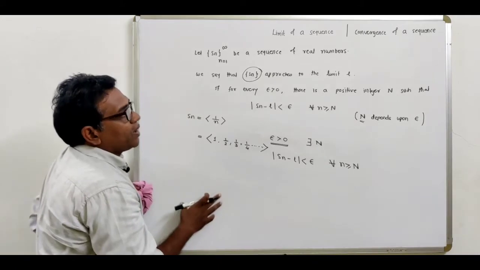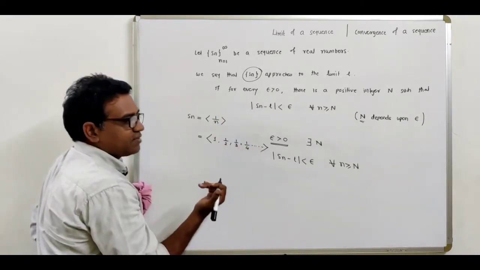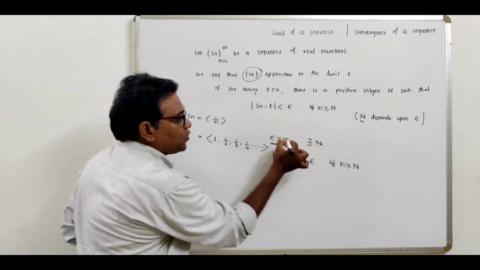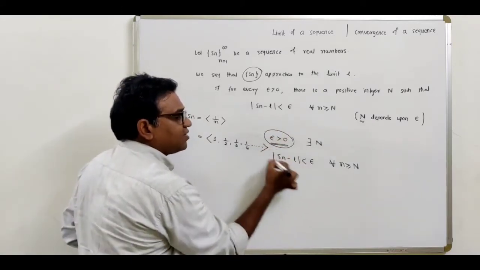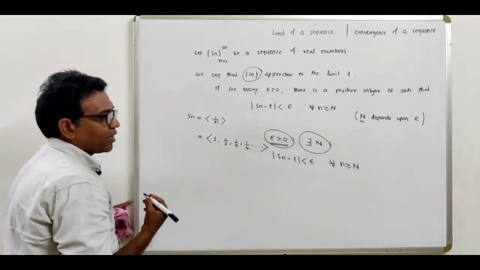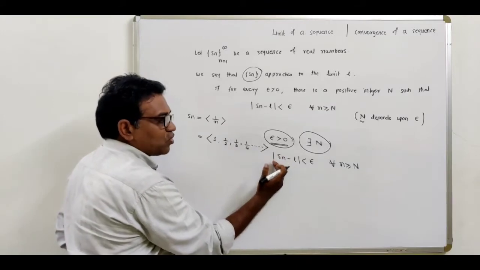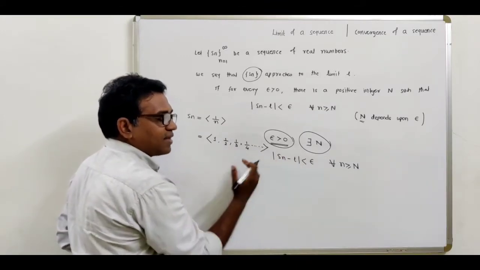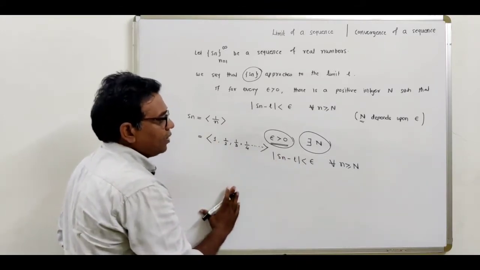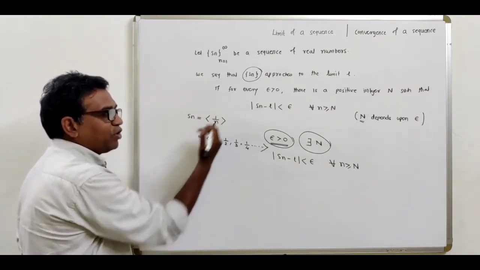Now see, in the definition of convergence of a sequence, what is the process? We have to choose epsilon greater than 0 and find this integer N, having this condition, the modulus of Sn minus L less than epsilon. Now suppose we consider this sequence Sn equal to 1 upon n.